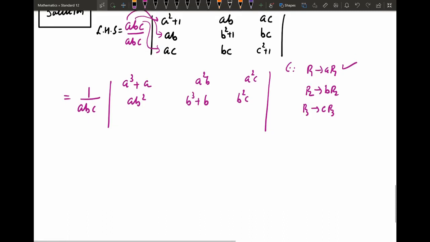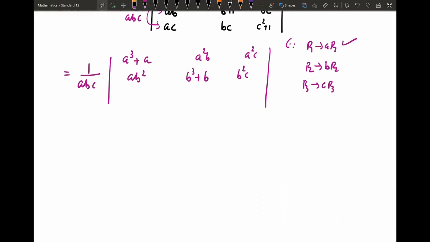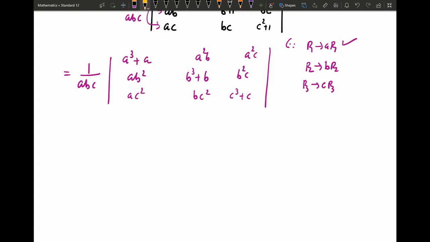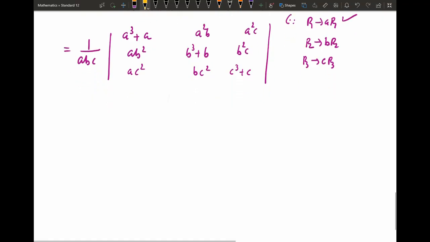The third row is multiplied by C: ac square, bc square, c cube plus c. Now we multiplied the first, second and third row by A, B and C respectively, and then from the columns we can take A common from the first column, B common from the second column, and C from the third column.